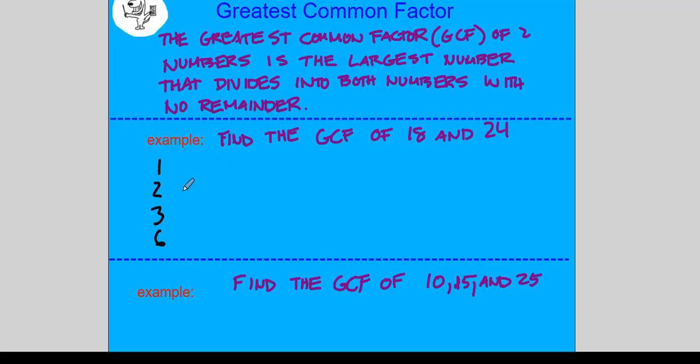So basically we're down to 6. So the greatest common factor of 18 and 24 is 6.